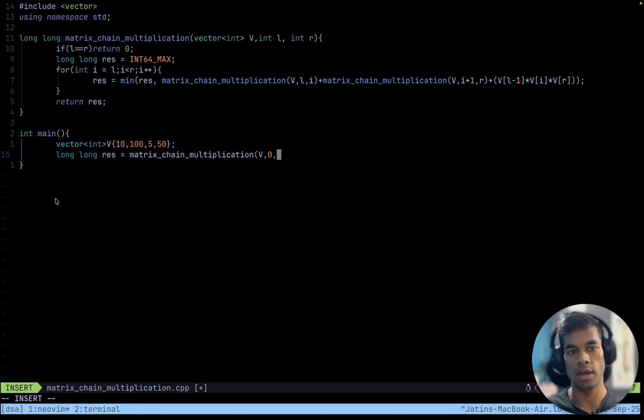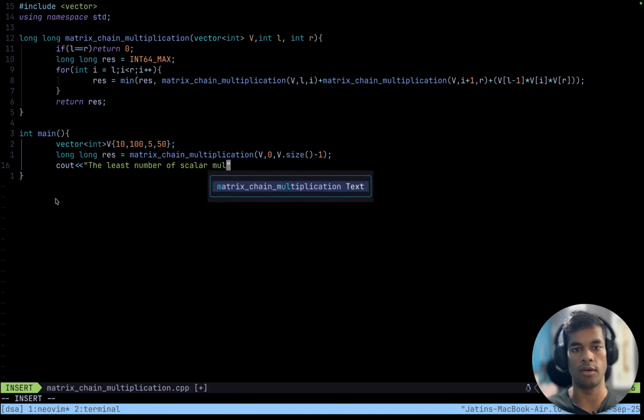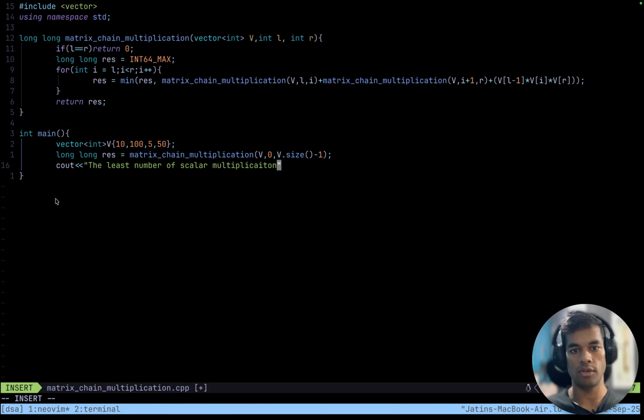Starting is 0 and the end point is going to be inclusive, so V dot size minus 1. Cout the least number of scalar multiplications is this thing, whatever it is, res.